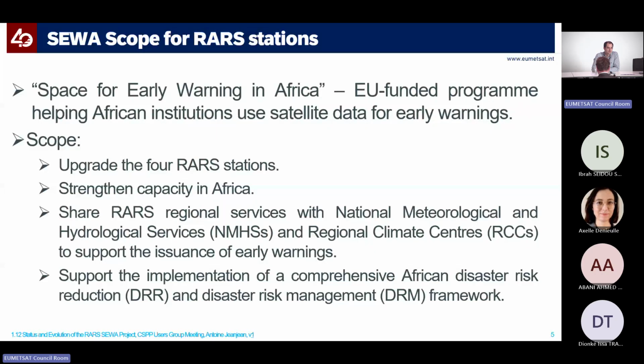So this comes SEWA. SEWA is Space for Early Warning in Africa. It's an EU-funded program helping African institutions to use satellite data for early warnings.